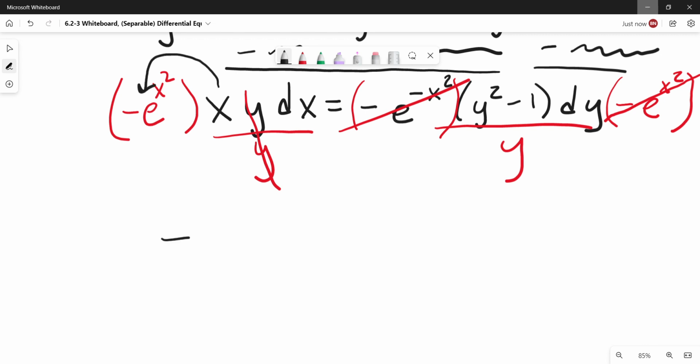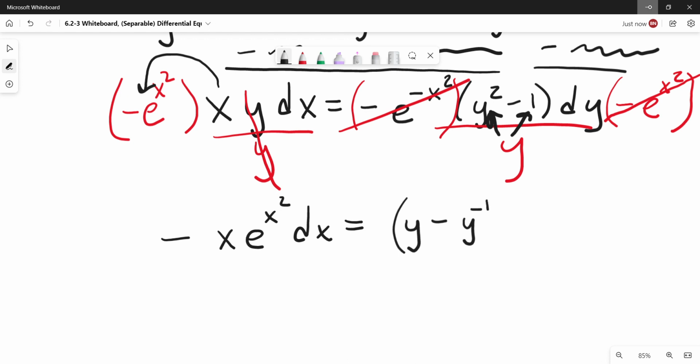So negative x e to the x squared dx equals, and so we're not confusing ourselves, I can just distribute that y. So it's just going to be y minus, I'm just going to write it as y to the negative 1, because I know I'm about to integrate this thing.